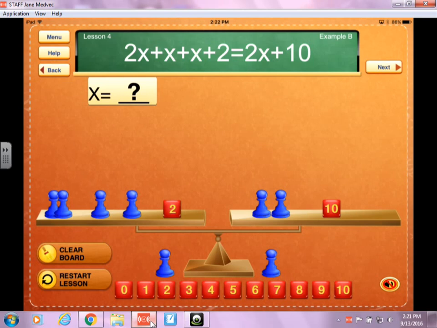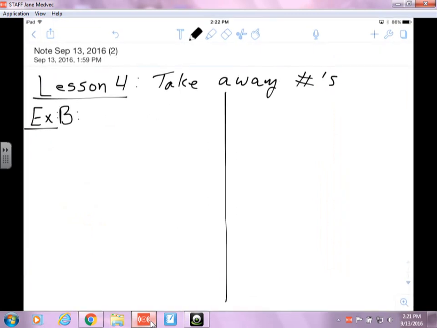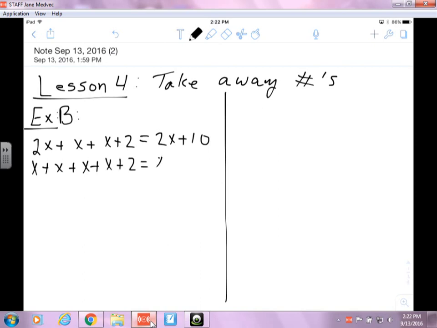So then I'm going to go back to my notes and write that down. If you haven't already done that, make sure you do that. So it's 2x plus x plus x plus 2 equals 2x plus 10. Okay? And then I expand it, so x plus x plus x plus x plus 2 equals x plus x plus 10.